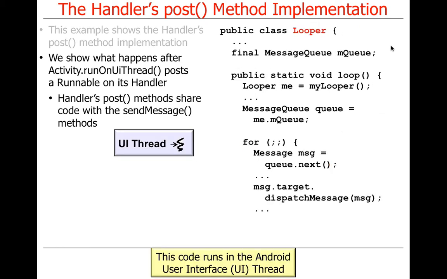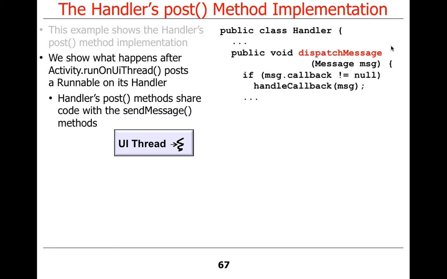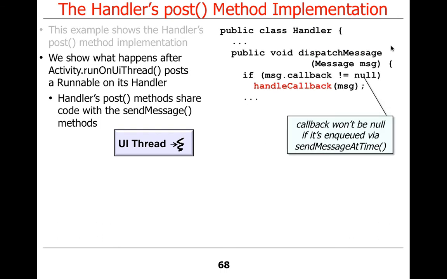Then, in a different thread of control, we're back in the user interface thread, no longer in the background thread. We're in the looper. This is going to be running the user interface thread. And the loop method, as you recall, blocks, waiting for the next message to show up. We just sent it a message because we posted something. And that turns around and does dispatch message on the target. Dispatch message will check to see if callback is not equal to null.